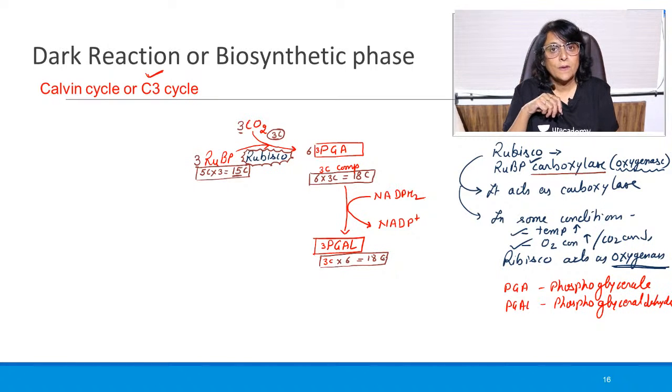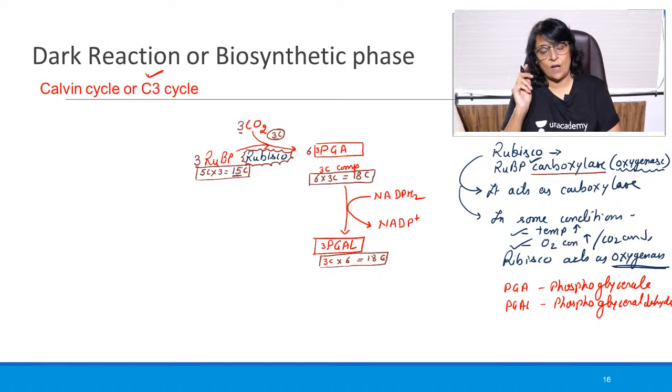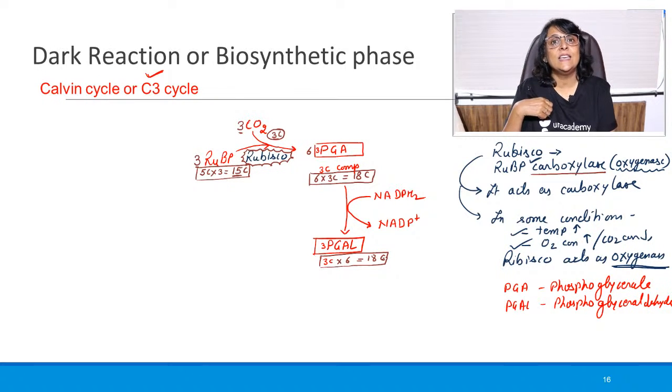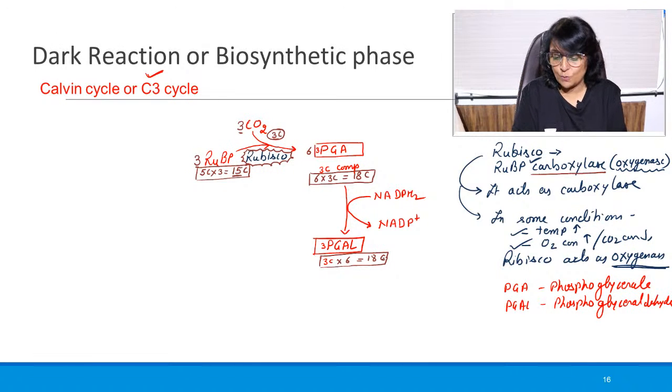Now what happens is the third step. This PGAL has to enter 2 pathways now. Some PGAL will help us in giving carbohydrate and some PGAL will help in giving the RUBP molecule. That means regeneration will take place.